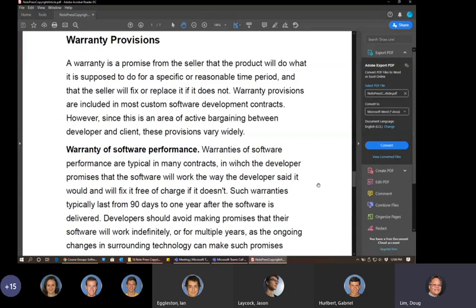So as a provider, you certainly don't want to have that open-ended and bear the costs of supporting this product indefinitely. On the other hand, if you are the client, you want some assurance that something won't come up that will make the software unusable within a reasonable period of time, that you can get support from the provider and the developer.